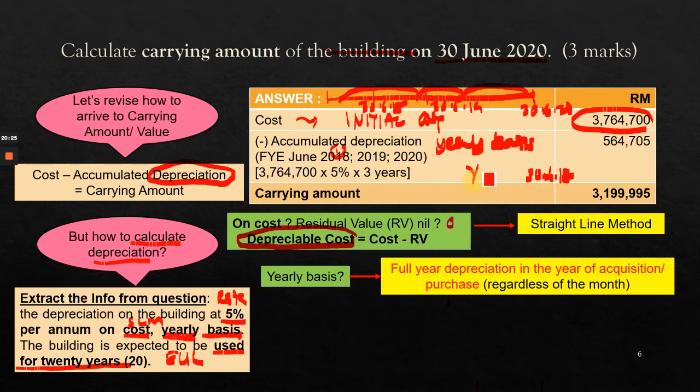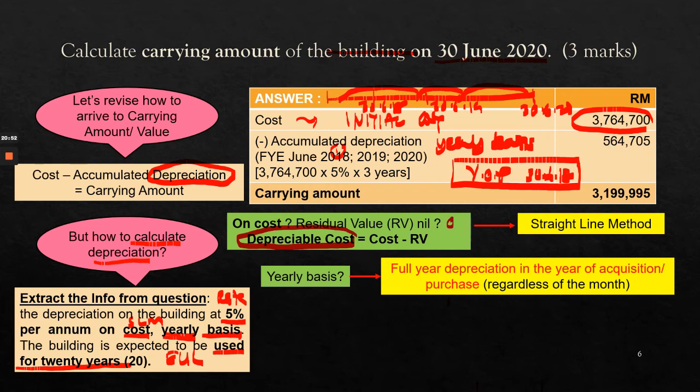And then the carrying amount would be 3.199995 million, because you take the cost minus the accumulated depreciation for those 3 years, 2018, 2019, 2020.